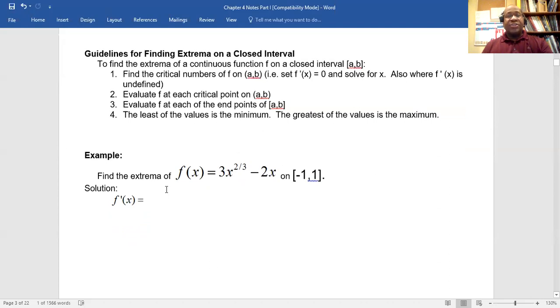Let's look at another example. Here we have the function f of x equals 3x to the 2/3 power minus 2x on the interval from -1 to +1.